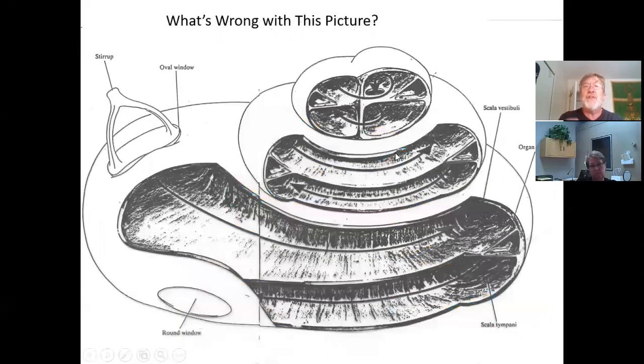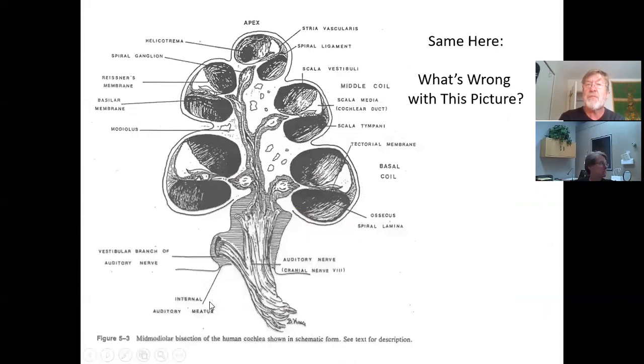And now looking at the movements of fluid through this, the stirrup or stapes pushing in and out of the oval window, scala vestibuli, bony labyrinth, follow the arrow, around and down through the helicotrema, out the scala tympani, out to hit the round window.